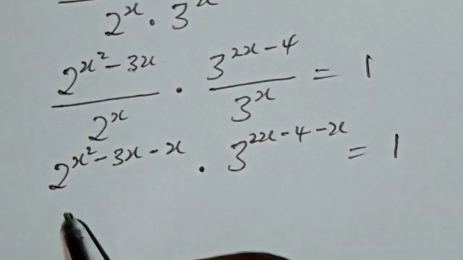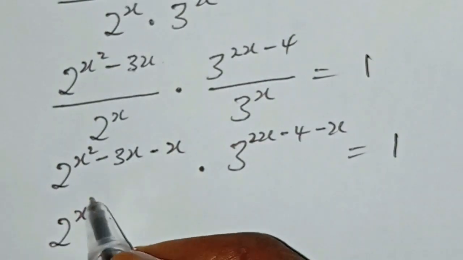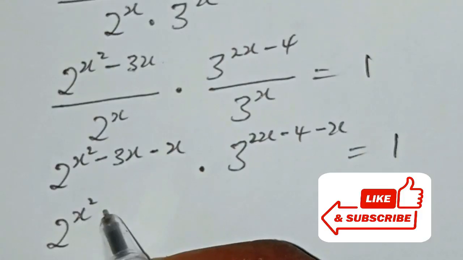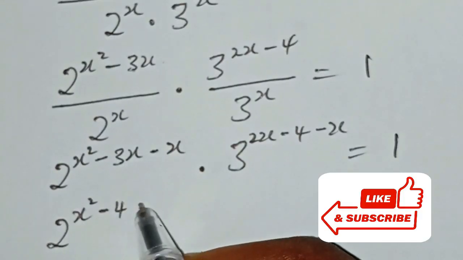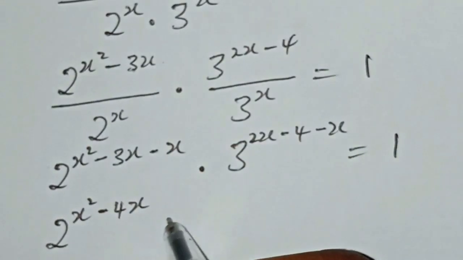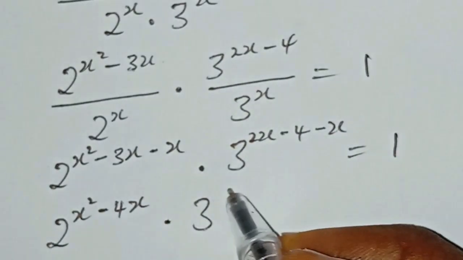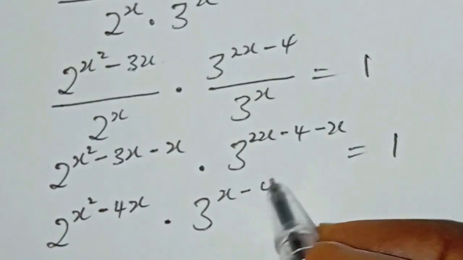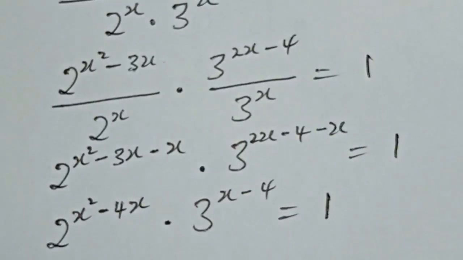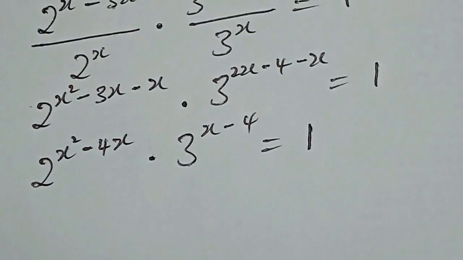So here this will give us 2 to the power of x squared, then minus 4x, multiplied by 3 to the power of x minus 4 equal to 1. So here, take the log.